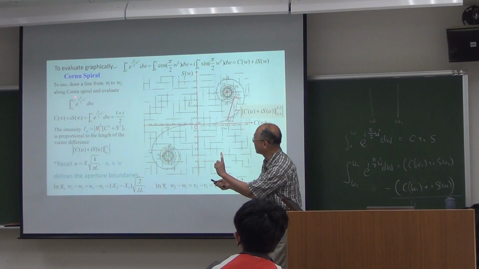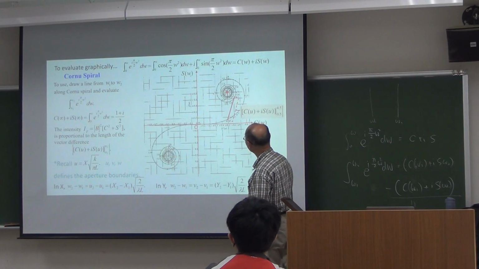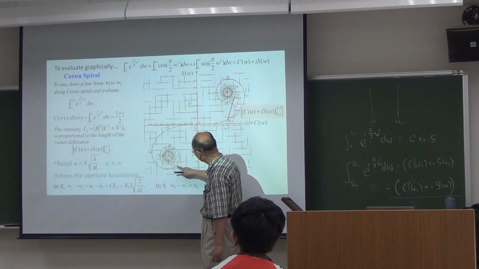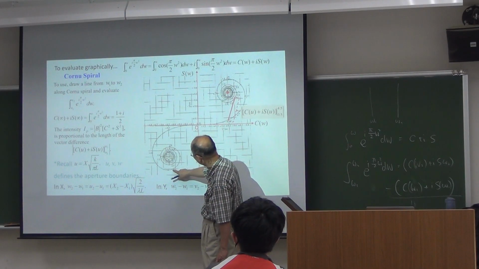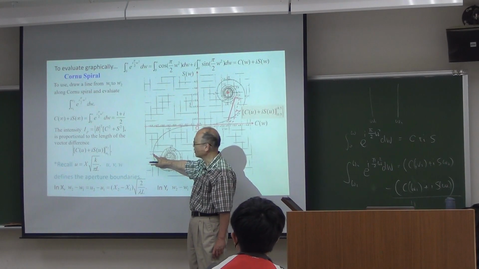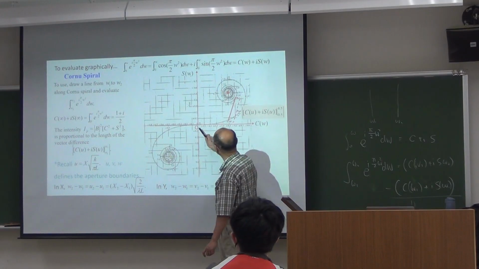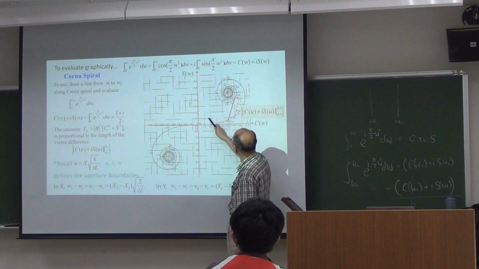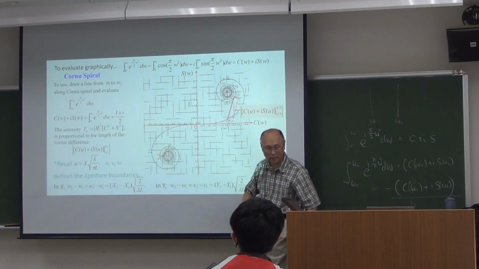-1 to 1. What is -1? I need to go here. Well, this is -1.5, and -1 is right here. So I construct a vector from here to here. And +1, right here, I construct a vector from here to here, and then do subtraction of these two vectors.